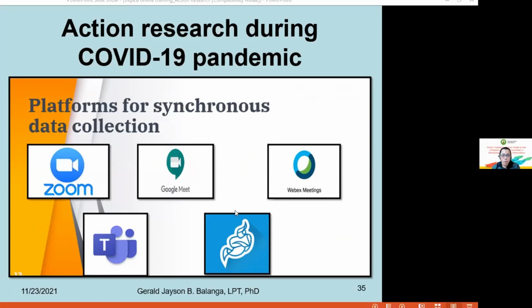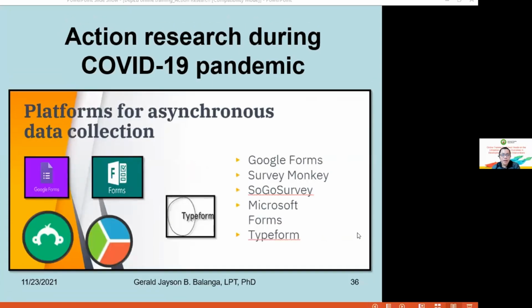Okay, the Google Meet, WebEx, Microsoft Teams, Jitsi. Okay. For asynchronous data collection, of course, we have the most popular, commonly used, the Google Form. Aside from Google Form, we also have SurveyMonkey, SoGo Survey, Microsoft Forms, etc.